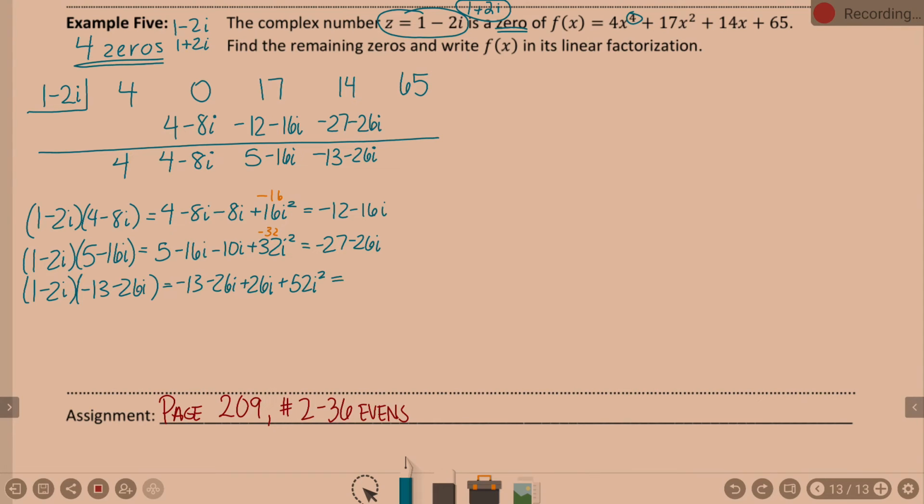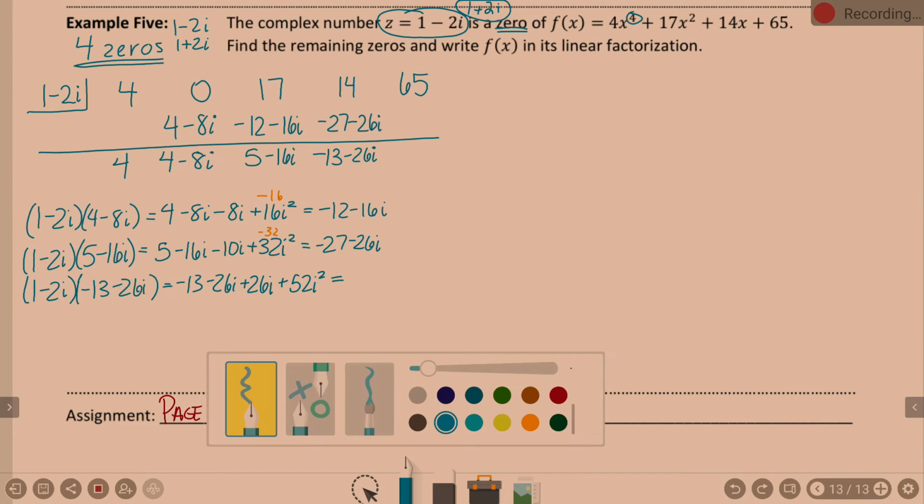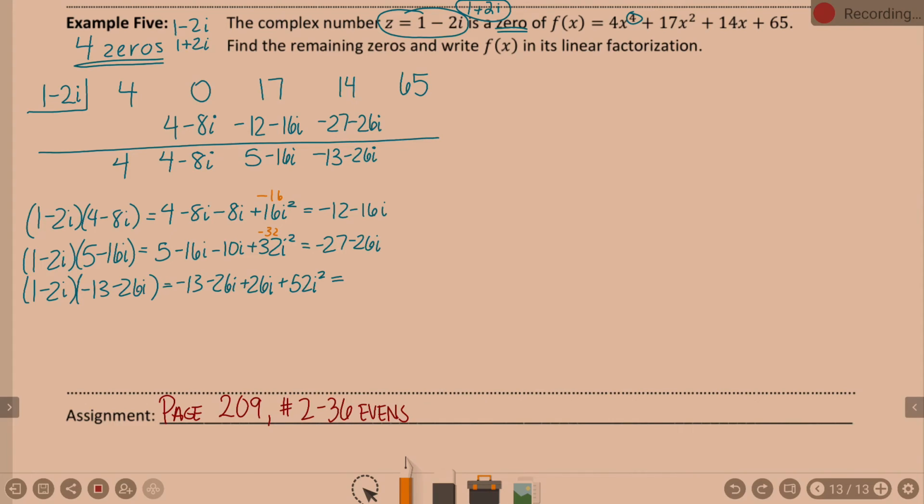So I have negative 13 minus 26i plus 26i plus 52i squared. Negative 65. Because you did the math or because you're just guessing? Because I know. Okay. Minus 26i plus 26i did cancel, yes? Which all along they haven't been canceling. But they did finally cancel here.